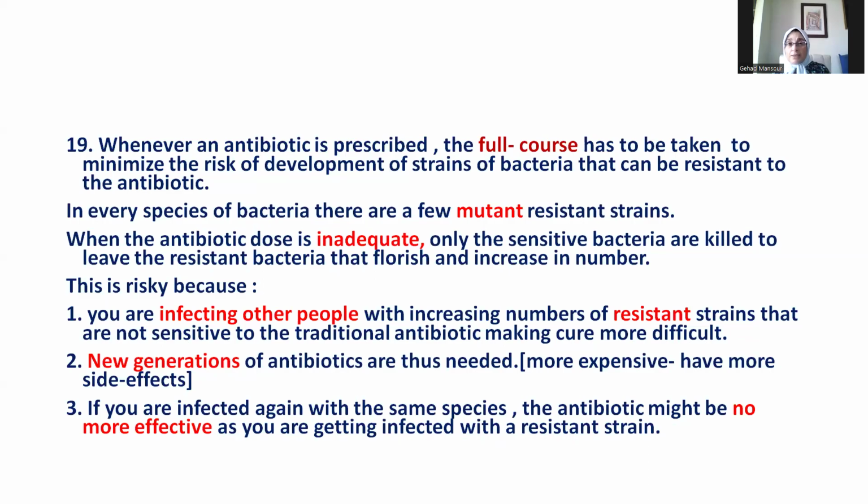And when you kill the sensitive bacteria by having taken an inadequate dose, you're freeing the space for the mutant resistant bacteria that were already there to flourish, because they would reproduce uncompeted. And I repeat and emphasize that resistant bacteria did not develop because of the misuse of the antibiotic. They were already there, but they increased in number because of the misuse of antibiotic. And that's the cause of the relapse.